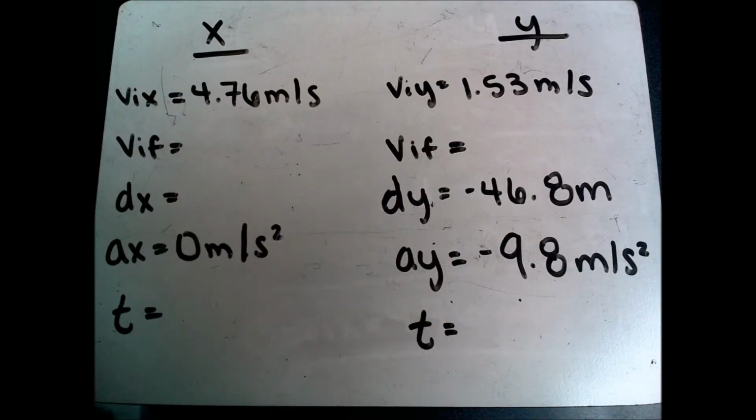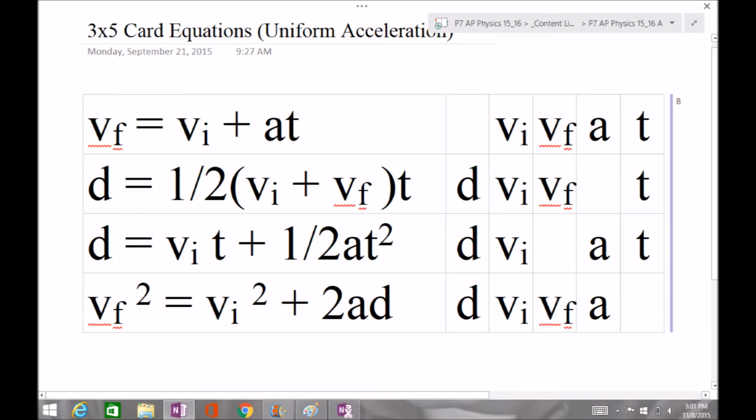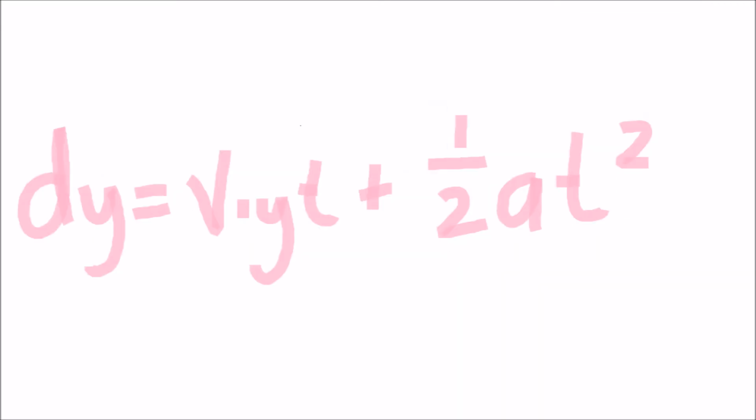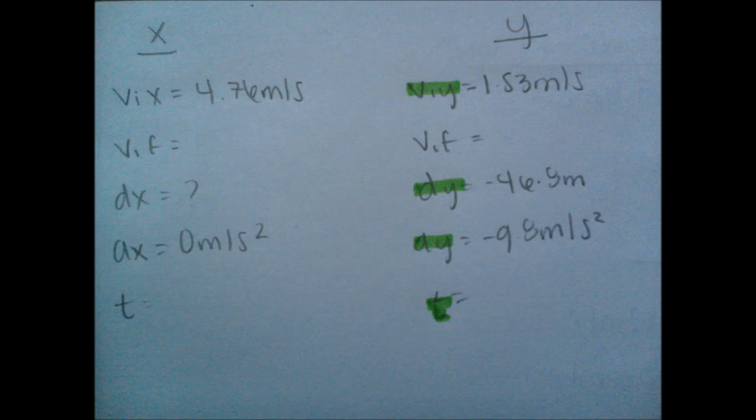If we add this to our list of x and y components, we can see that we don't have enough information to solve for dx straight away, so we can solve for time for y since they equal the same thing. If we look at our 3x5 card, we can see that the best equation to solve for time is dy equals Viy times t plus 1/2 ay t squared, because we know Viy, dy, ay, and need to solve for t.